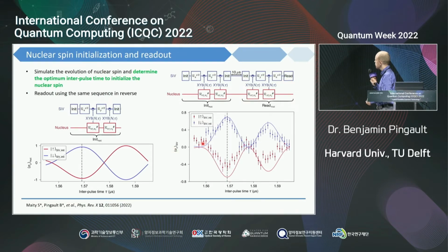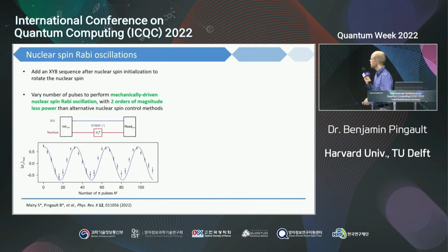When we simulate, which are the solid lines here, you can see at the end that we expect to measure the SIV spin state in a certain state, depending on how the nuclear spin was initialized. And we can see experimentally with the data points that we match these predictions pretty nicely, meaning that we did manage to initialize the nuclear spin and then read it out, using, again, only mechanical pulses on the SIV.